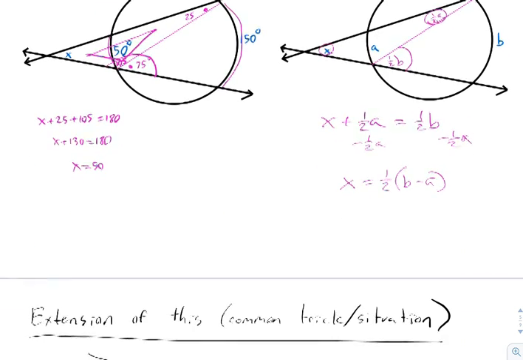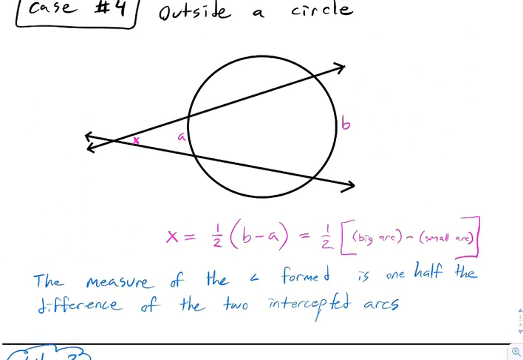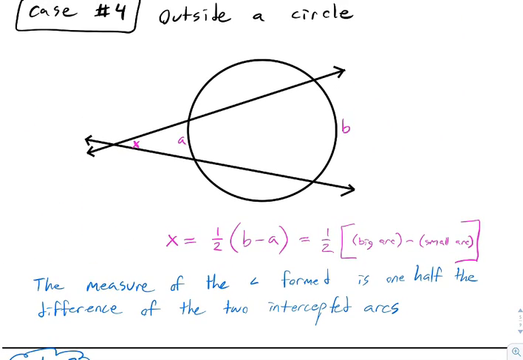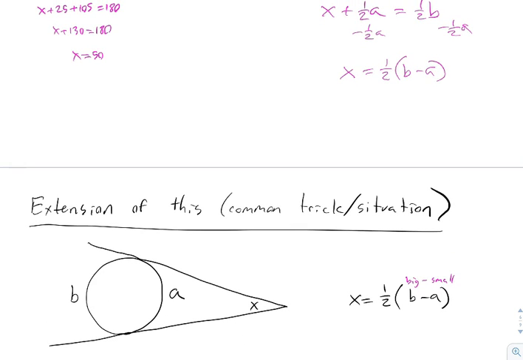Okay? So I'm going to add one little extension to this. This is a great formula, and we can use it even as this becomes a secant line right here. Even as it becomes a tangent line, we can still use it. So let's go down here and look at that. If it were to open up to a full circle, it's still 1/2 big arc minus small arc. But look at this. If both of these are tangent, we don't need two separate variables.